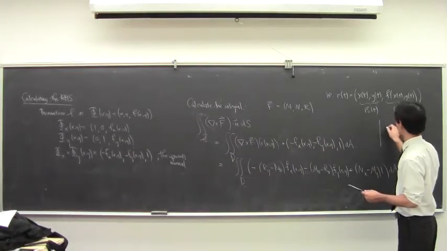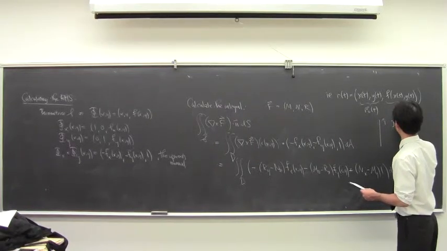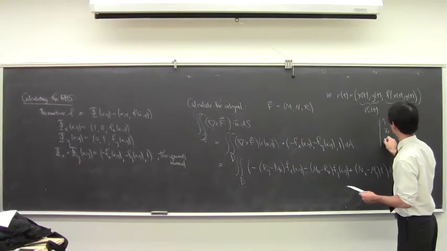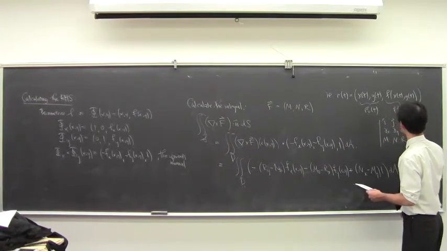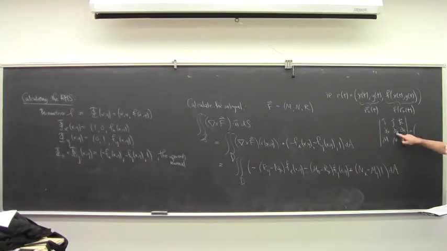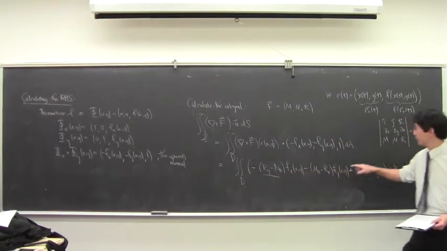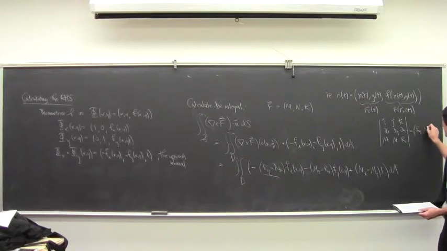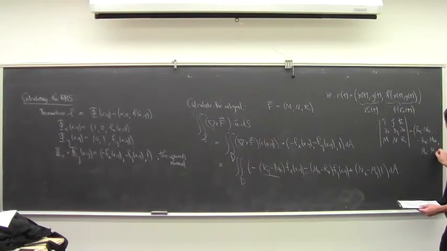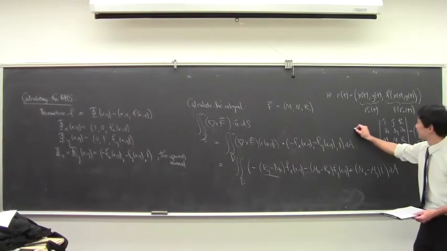Because when you take N and R, you get R sub y minus N sub z, then negative (R sub x minus M sub z), and then N sub x minus M sub y. That's the curl.